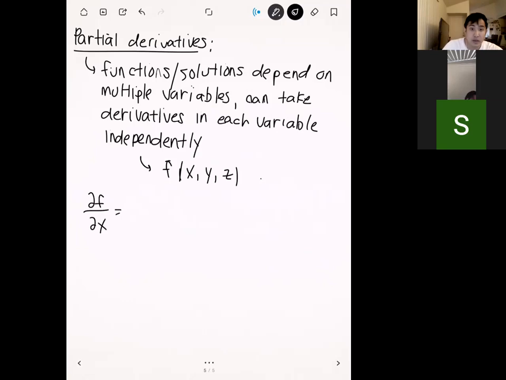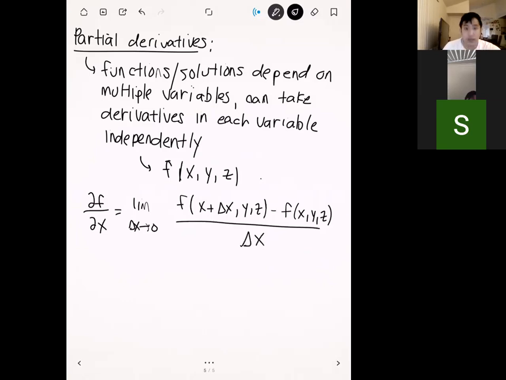Mathematically, this is the limit as delta x approaches 0 of f of x plus delta x, y, z, minus f of x, y, z, all divided by delta x.